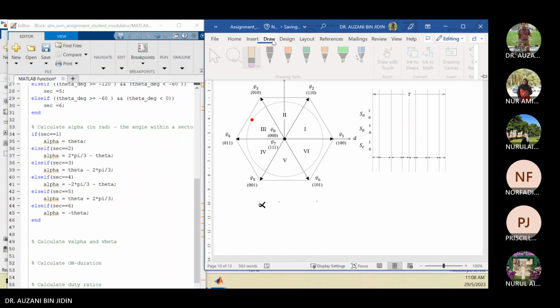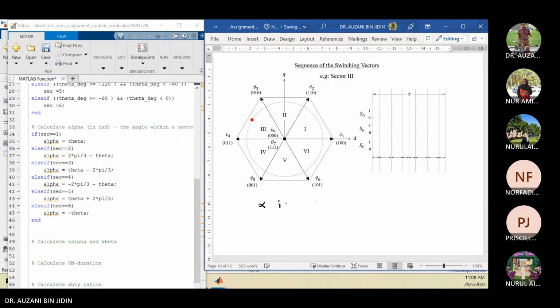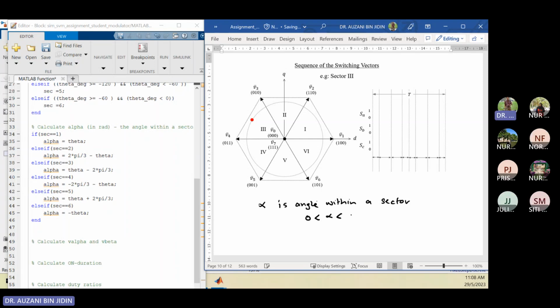For any sector, the value of alpha must be in the range between 0 and 60 degrees, or pi divided by 3.